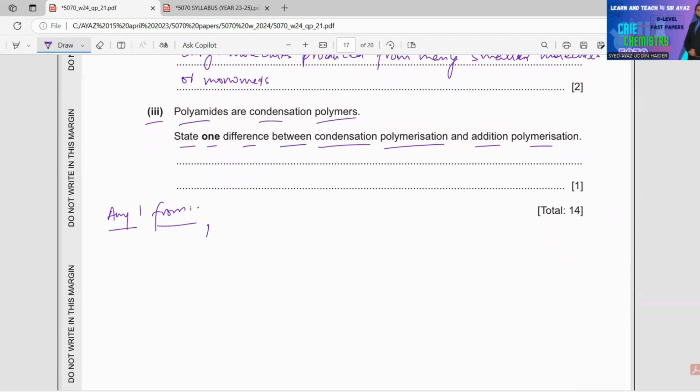Refer to product produced: in case of addition, only one product obtained.